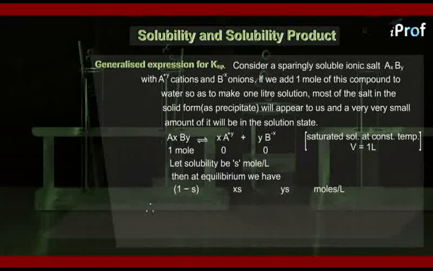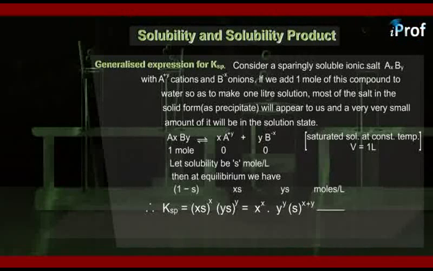Therefore, according to the definition of solubility product, we can write KSP equal to (xS)^x (yS)^y, and that's equal to x^x y^y into S^(x plus y). Mark it as equation number 1.